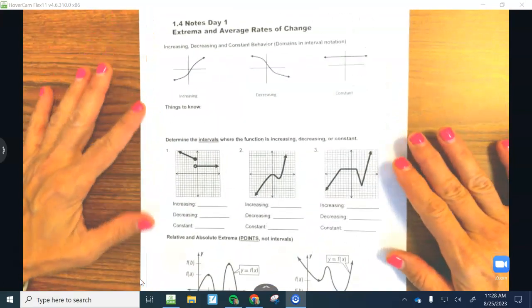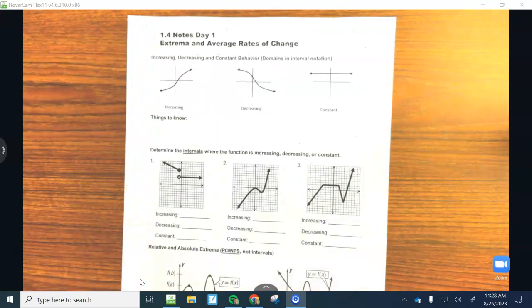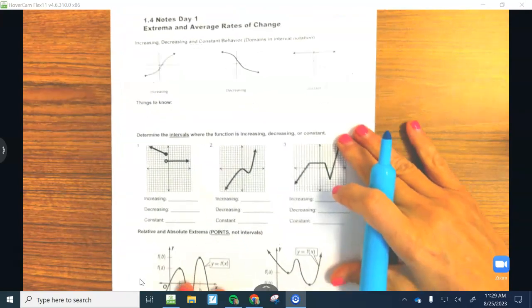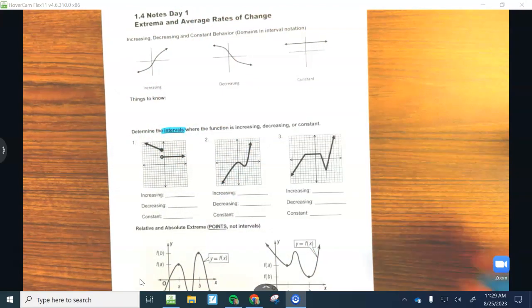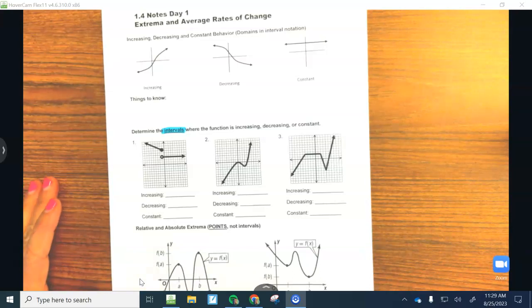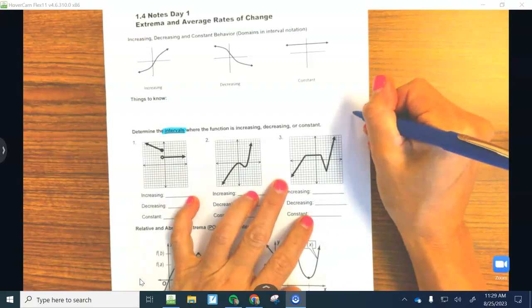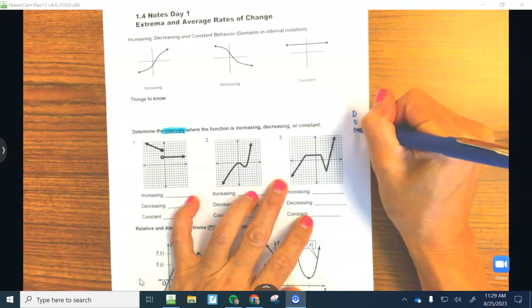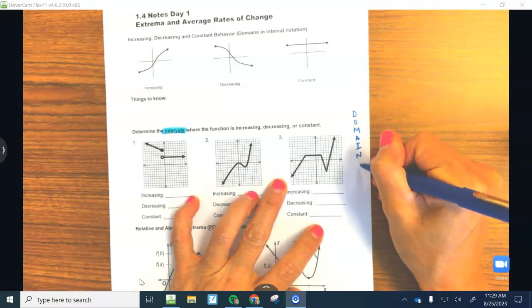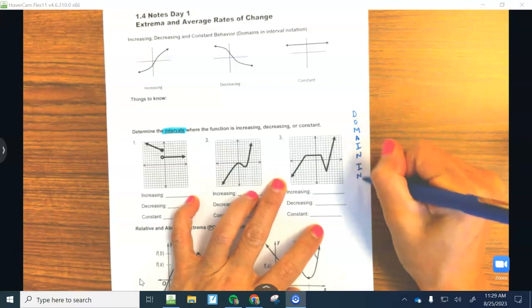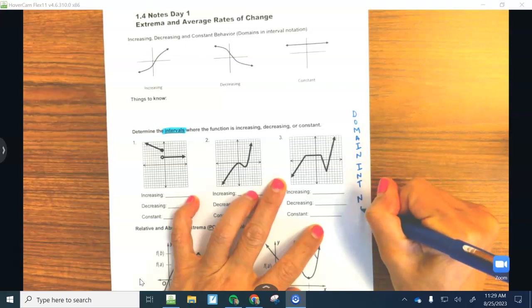Let's go ahead and clear out a few things first. I would highly suggest, if I write this down, you write this down. When it comes to the word intervals, please remember, because sometimes it's easy to get confused: intervals is always about domain, and it is always interval notation.